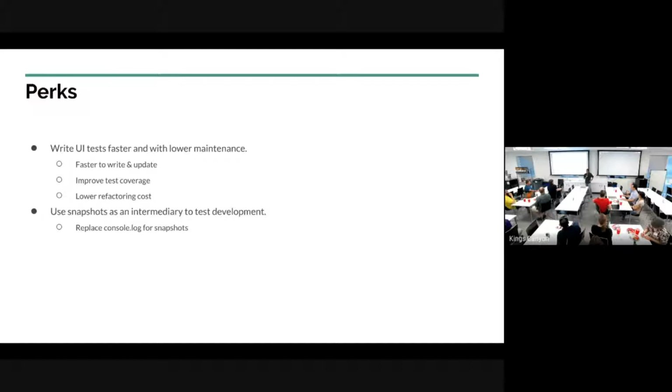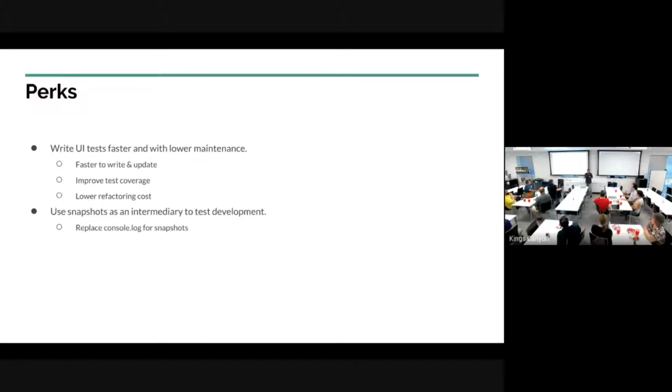Also, another perk is that a lot of times when you're developing your tests, you're looking at some sort of output that you want. Maybe you don't want to use snapshots. You just want to figure out what the output is. You'll be just console logging a bunch of stuff, and that's just temporary. It's like, hey, I'm going to remove this once I get the test right. You can actually just use a snapshot.